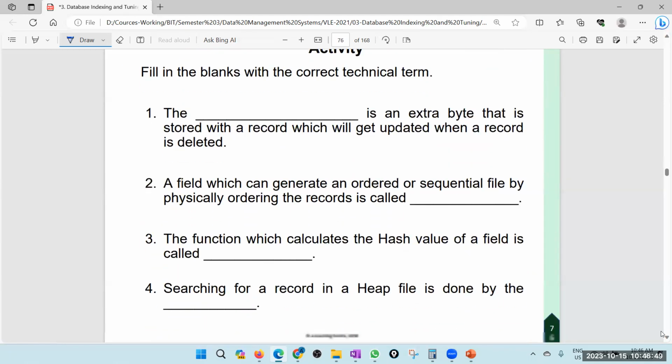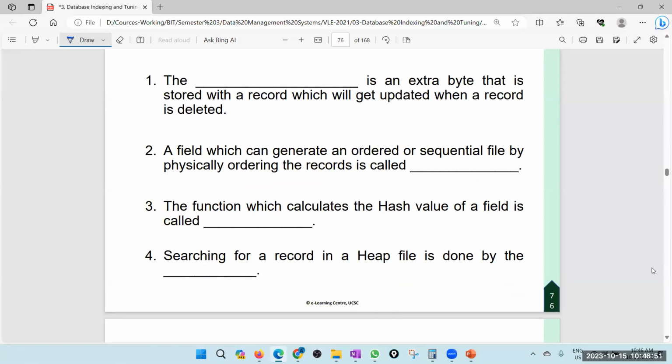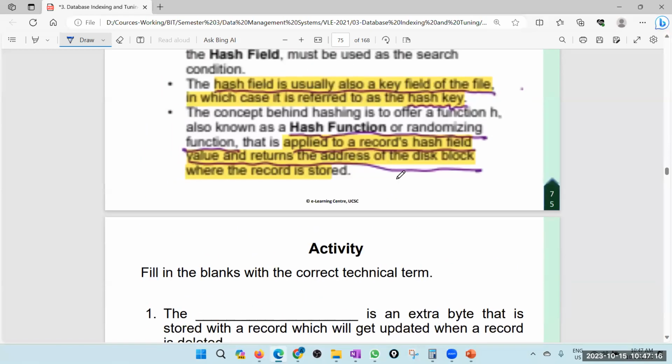Right, second one. A field which can generate an ordered or sequential file by physically ordering the records is called blank.